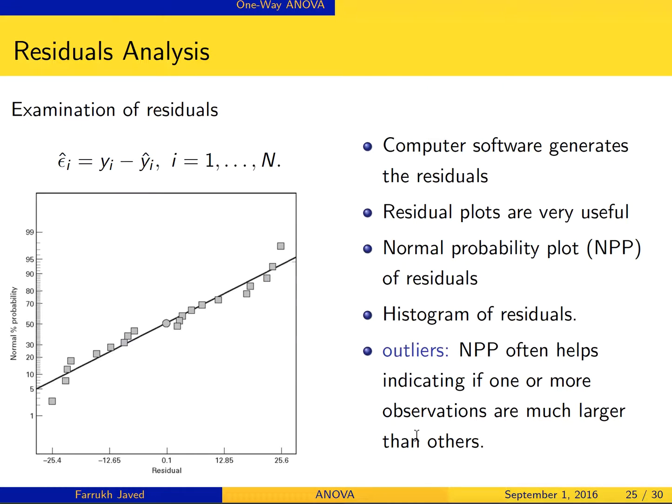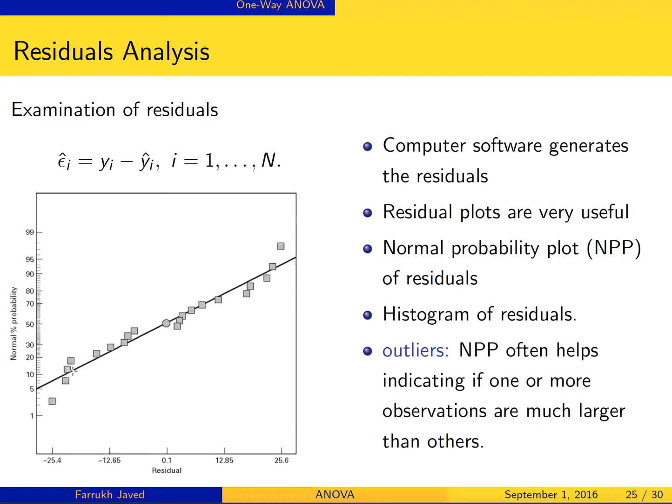Here, we can even plot those residuals, and when we work in SPSS, you will see that you can make residual plots like these. The normal probability plot is the plot for residuals, which tells us whether the residuals are normal or not. Those squares are the values of residuals. If they are normal, then they should follow this straight trend line.